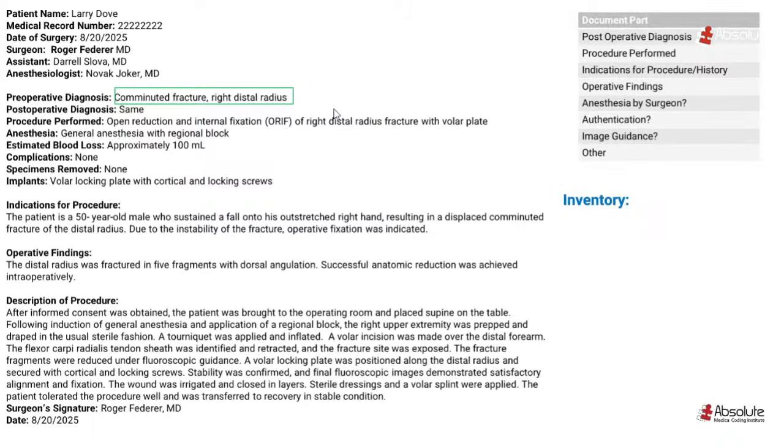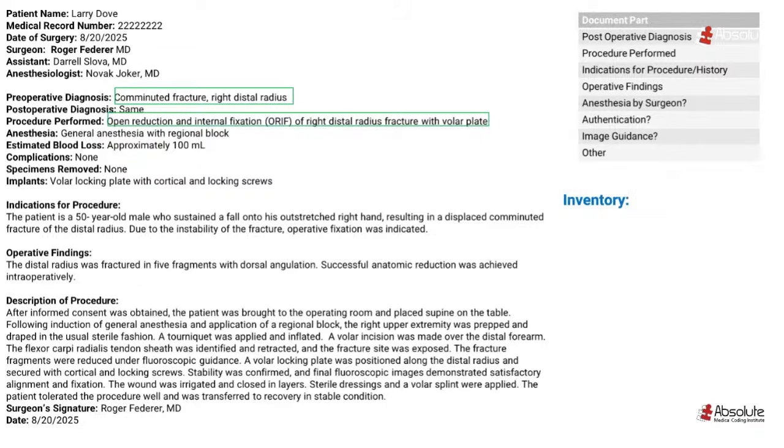So here we go. I'm definitely going to code this diagnosis. The postoperative and preoperative are the same: the comminuted fracture, right distal radius. I'm also going to box the procedure performed, an open reduction with internal fixation, or ORIF, of the right distal radius fracture with volar plate. Whenever you see plates, screws, and things like that, that often is an implant.